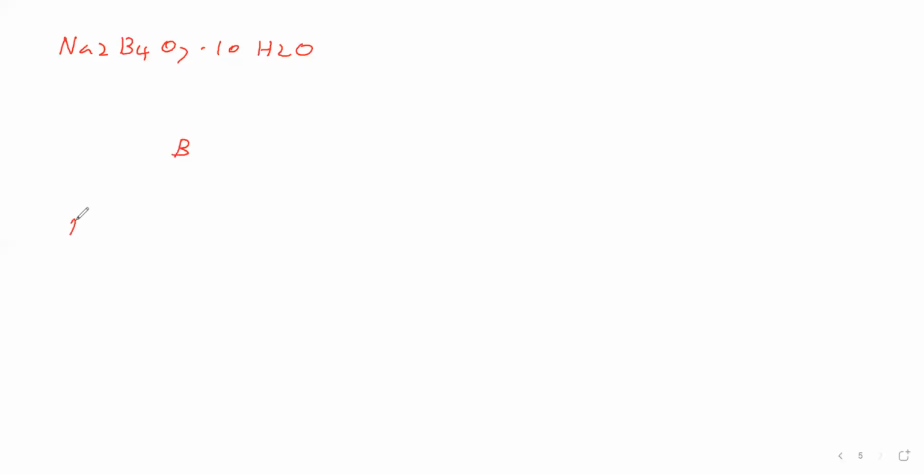So we will write 4 boron atoms like this. 7 oxygen atoms are present. Oxygen atoms we will write in between boron atoms.